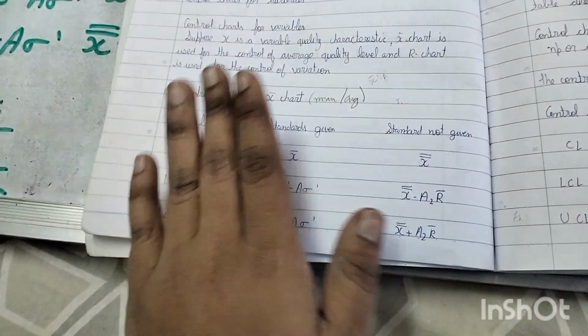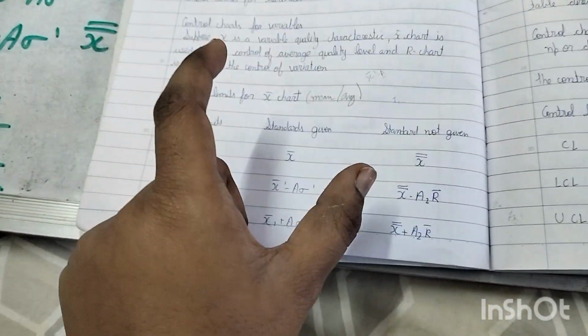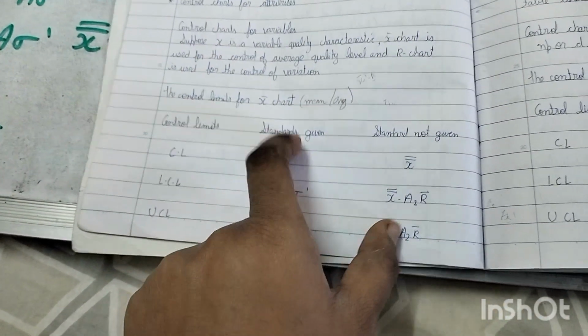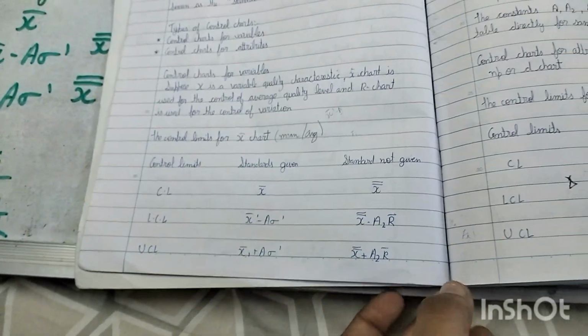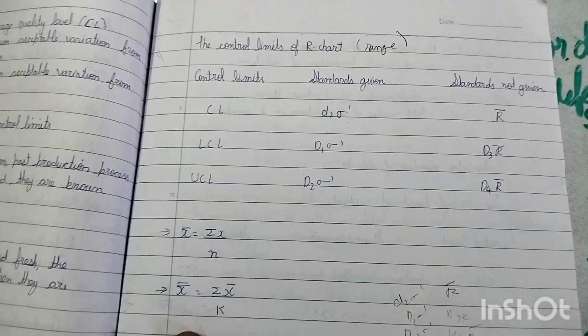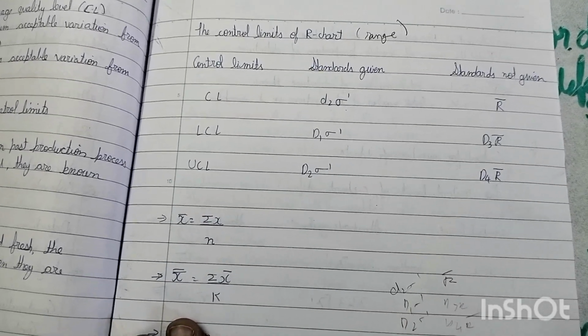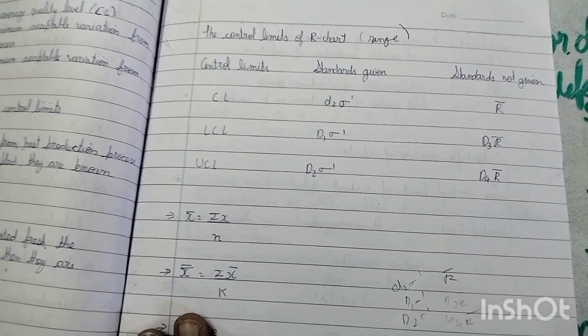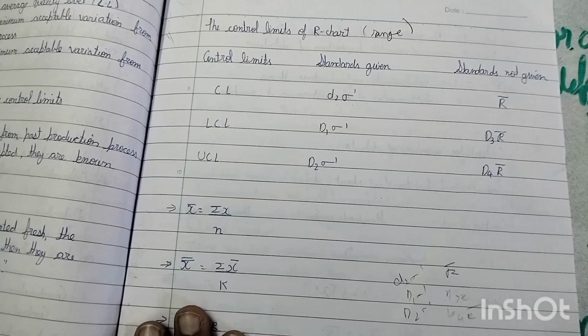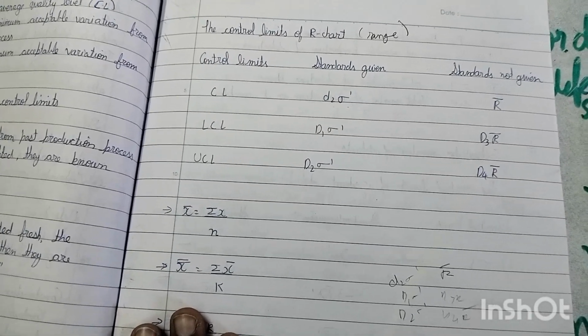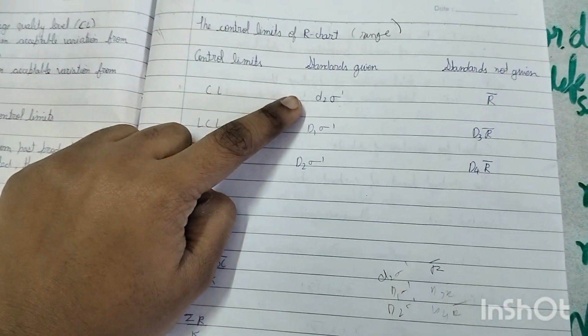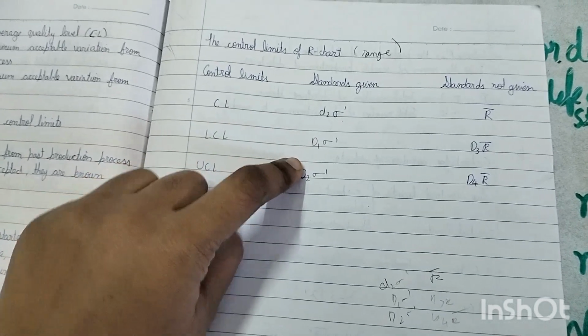I hope this is clear and you have no doubts at all. And this is always for mean and averages. Okay. And the next one is R chart. So CL is D2 sigma dash, lower class limit is D1 sigma dash, and upper class limit is D2 sigma dash. The first one is small and the other two is the caps.